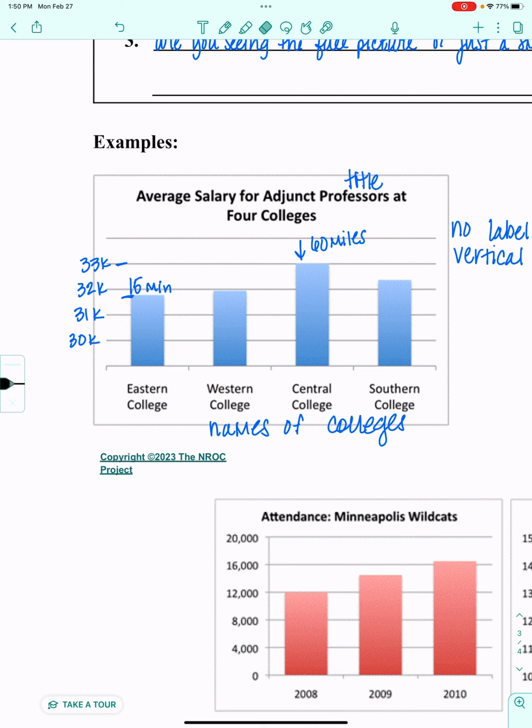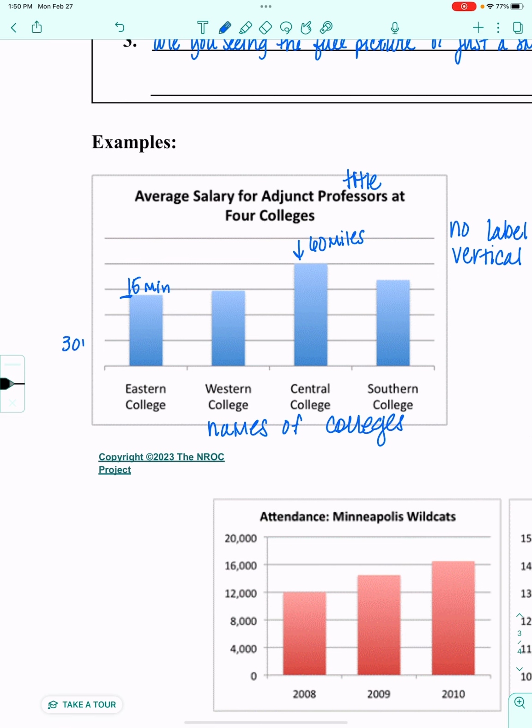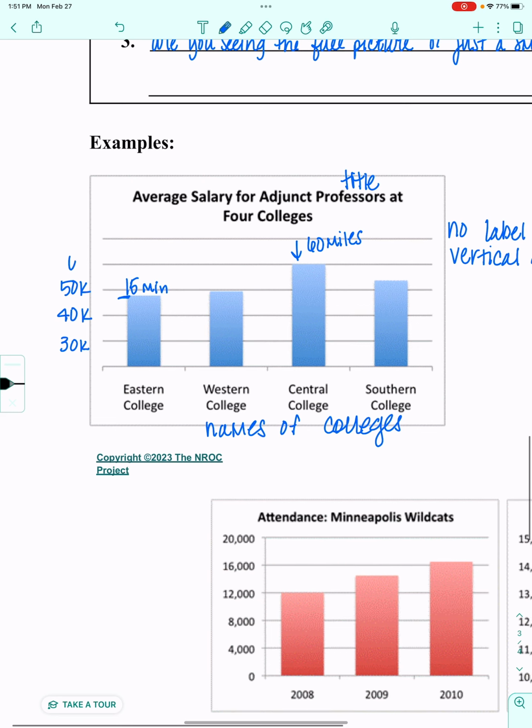But without that label, it could possibly be that this is 30,000 and 40,000 and 50,000 and 60,000, and all of a sudden that salary difference is much more significant. So that's one of the things that makes looking for labels super important.